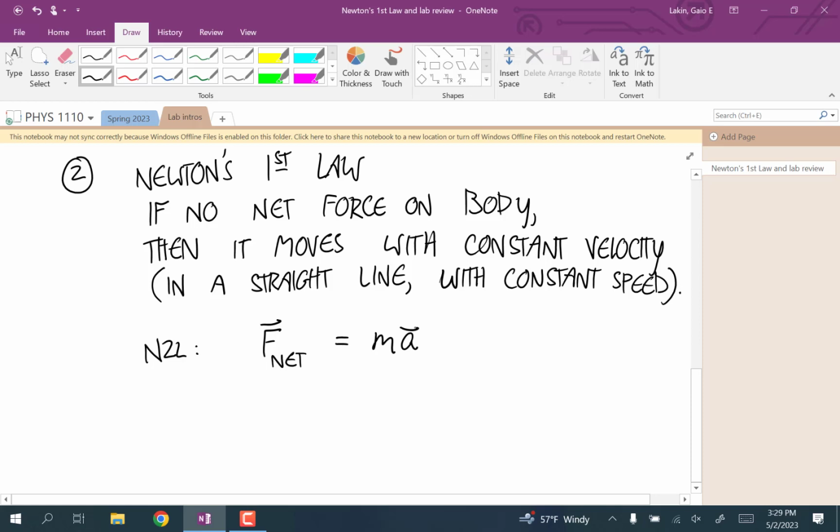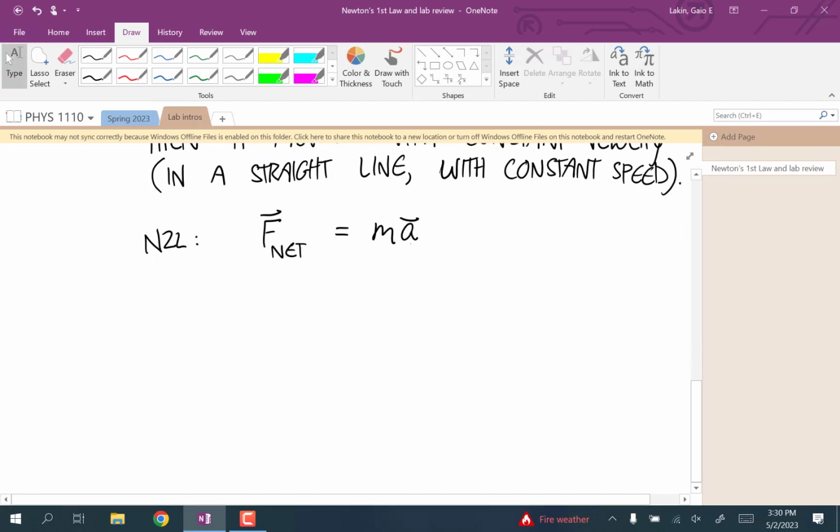So what happens if there's no net force acting on the body? If all the forces add up to 0, then F net is equal to 0, and that means acceleration has to be 0. And 0 acceleration means constant velocity. So Newton's first law doesn't add anything to our ability to calculate that wasn't already in Newton's second law. But it is a nice intuitive thing. It's a useful thing to think about.